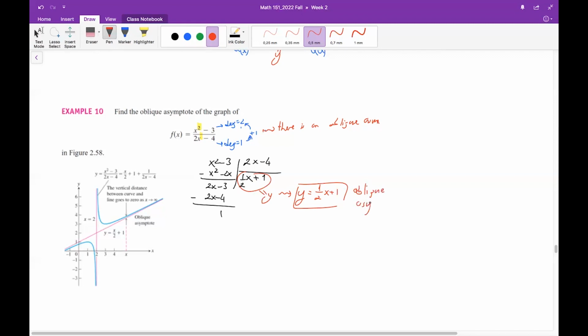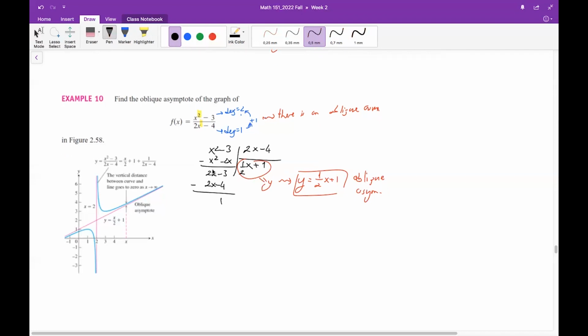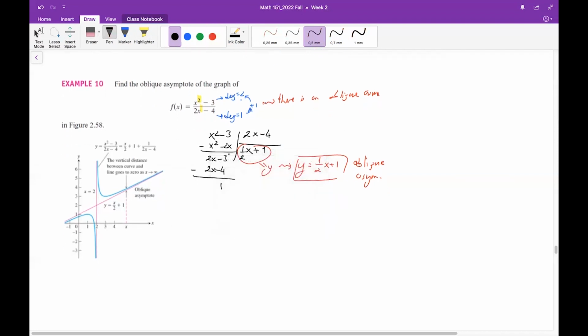Okay, so from this division, you can rewrite your function f(x), which is given as this quotient over 2x minus 4, as 1 over 2 x plus 1 plus remainder over 2x minus 4. Okay, you see your oblique asymptote here. And this is the algebraic way of detecting oblique asymptote.